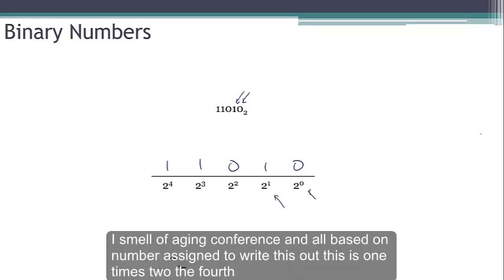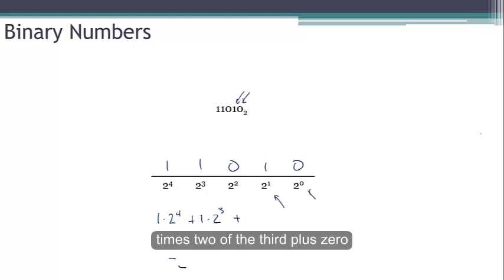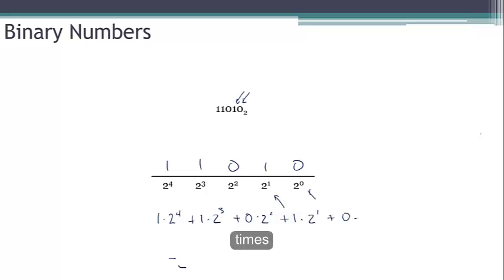Now to convert this into a base 10 number, I'm going to write this out. This is 1 times 2 to the fourth plus 1 times 2 to the third plus 0 times 2 squared plus 1 times 2 to the first plus 0 times 2 to the 0.